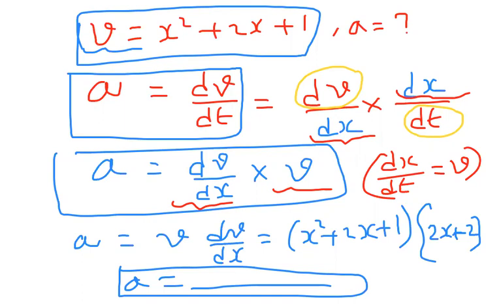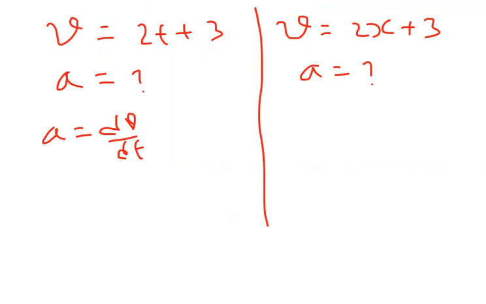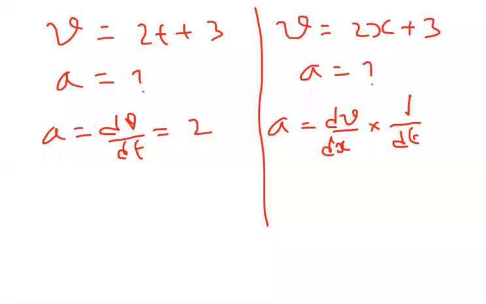Generally, the majority of problems will have velocity with respect to time only. They will give something like v is equal to 2t plus 3, very simple. But if they give v equal to 2x plus 3 and ask to find acceleration, you must not be shocked, because our formula is dv by dt only. Here we can write dv by dt like this and multiply by dx and dx.